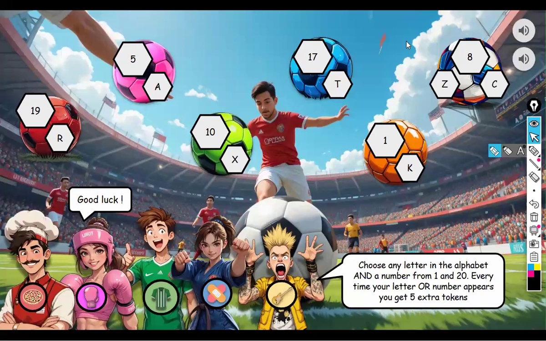Remember, someone asks if you get a number and a letter, you get 10. No, guys, for each correct one you get 5 tokens. So let me just say your number was 17, and 17 total. You get 5 of your tokens. Right, let me know your total.